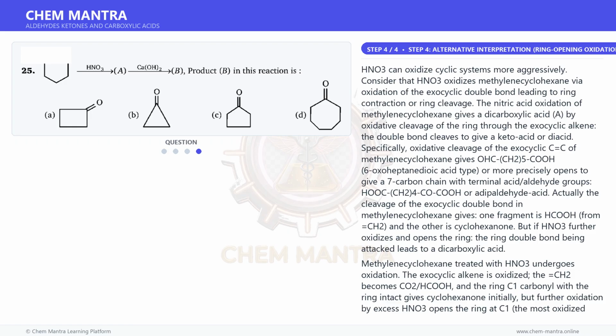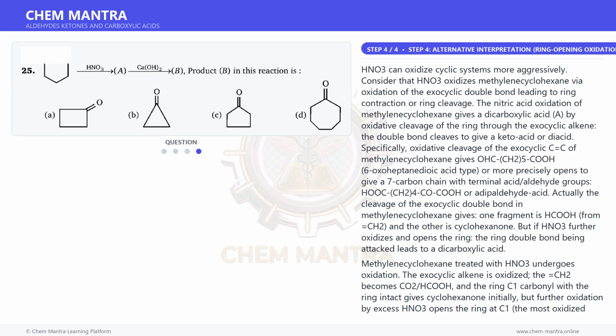This is product A, adipic acid, a dicarboxylic acid. It reacts with CaO to form calcium adipate, the calcium salt. Upon dry distillation, pyrolysis, of calcium salts of dicarboxylic acids, cyclic ketones are formed.